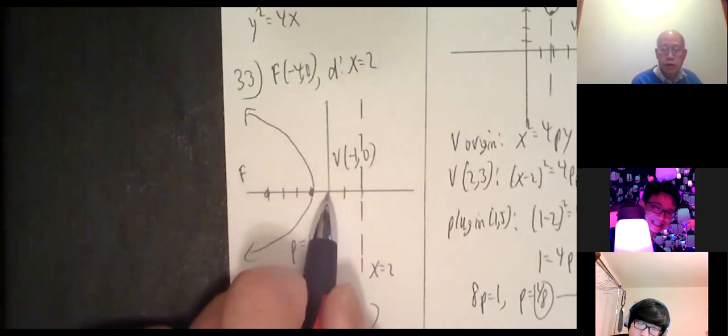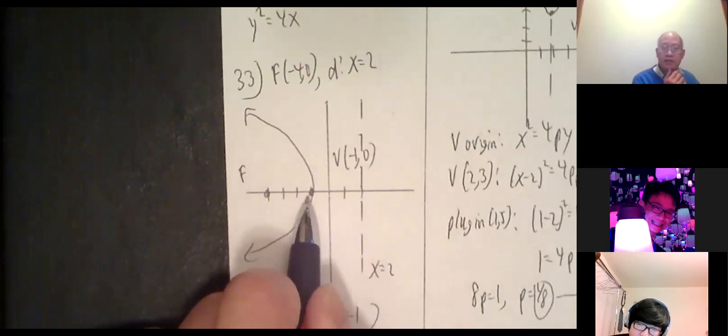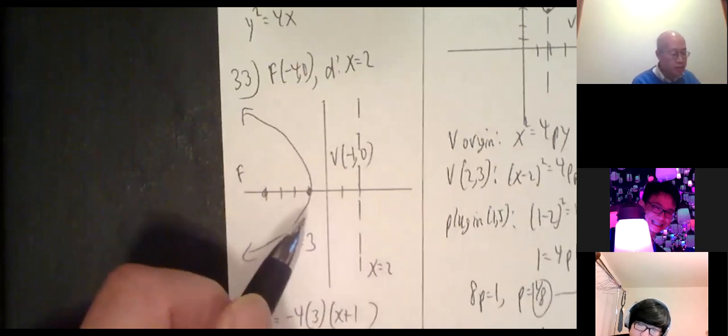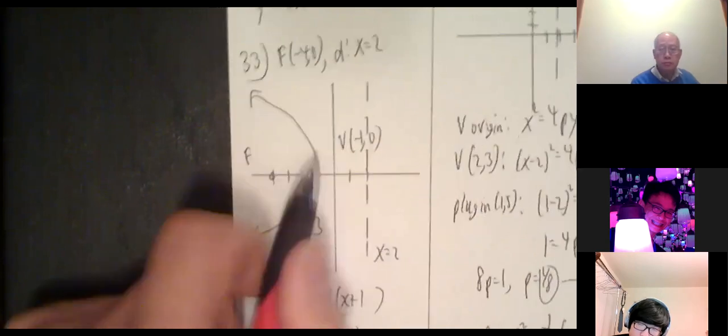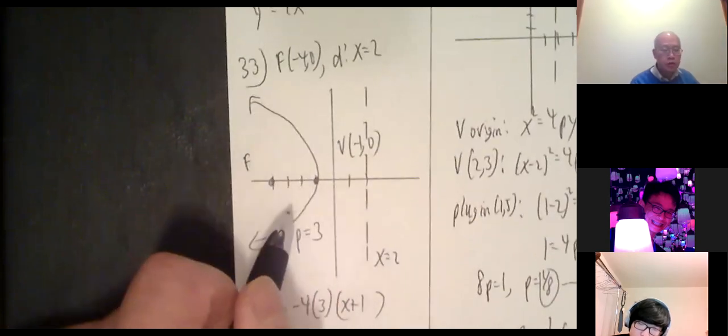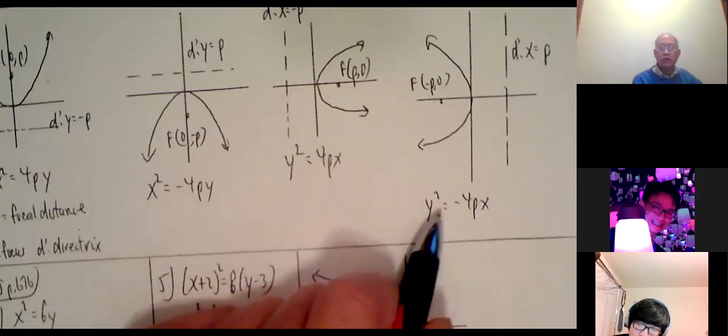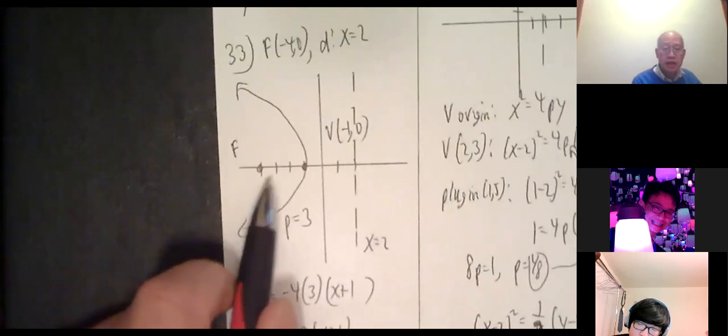That's 0, 0 translated 1 unit to the left. So instead of x, it's going to be x plus 1. Opening to the left, we've seen quite a bit of those. Y squared equals negative 4px. The p is 3.